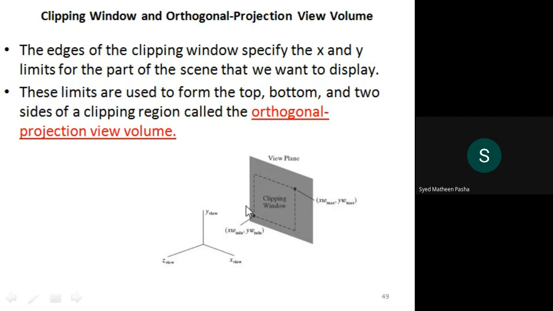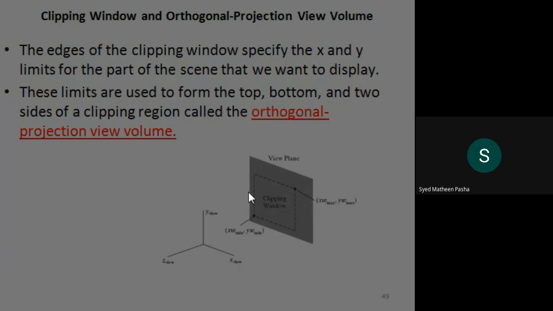So these points or views which are being displayed are basically used to form the top view, bottom view, or the sides of the view, and this region is actually called the orthogonal projection view volume.